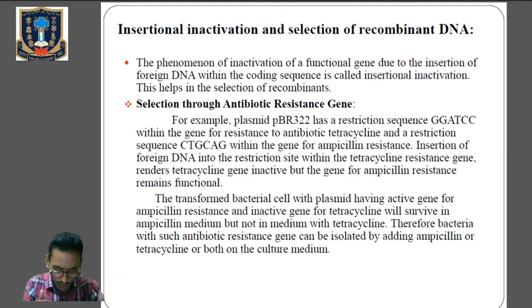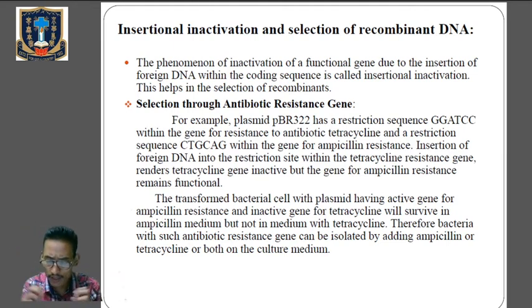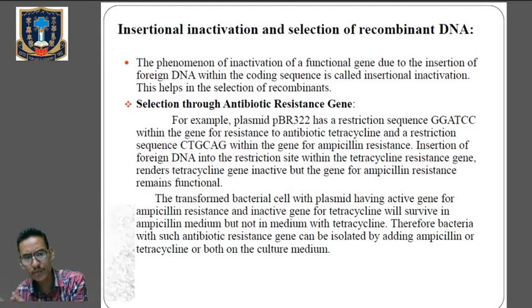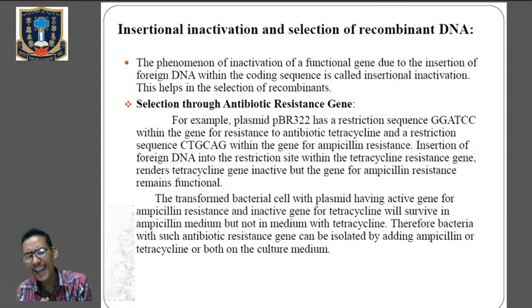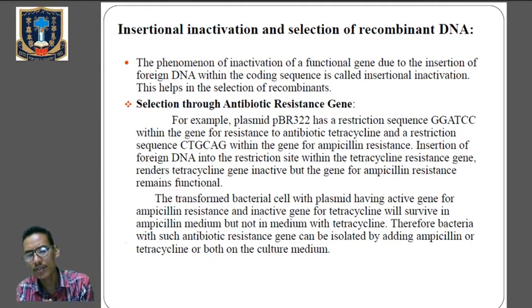Mainly we can identify those particular DNA by two techniques. One is called insertional inactivation, and another one is called the blue-white selection test. These two tests will be utilized to identify the recombinant and non-recombinant host cells. First, we'll look at this one. The phenomenon of inactivation of a functional gene due to the insertion of foreign DNA within the coding sequence is called insertional inactivation.